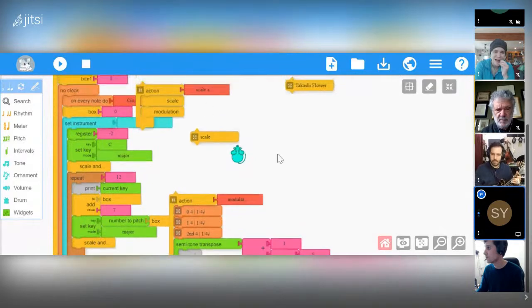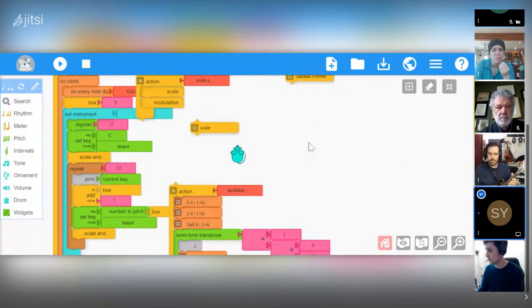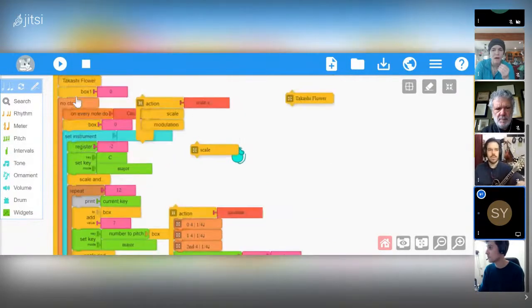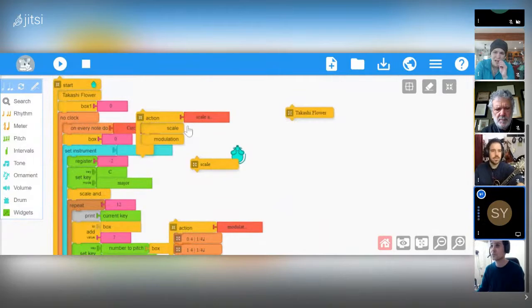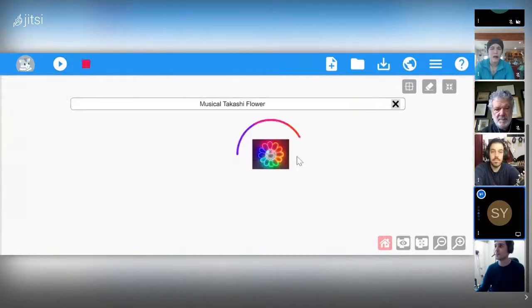So I basically made this sort of circle of fifths thing, and I thought it looked like this piece by Takashi Murakami called Flowers. So yeah, this is the piece.